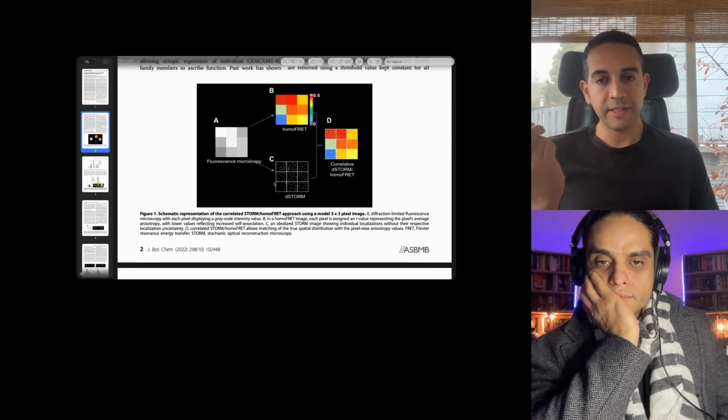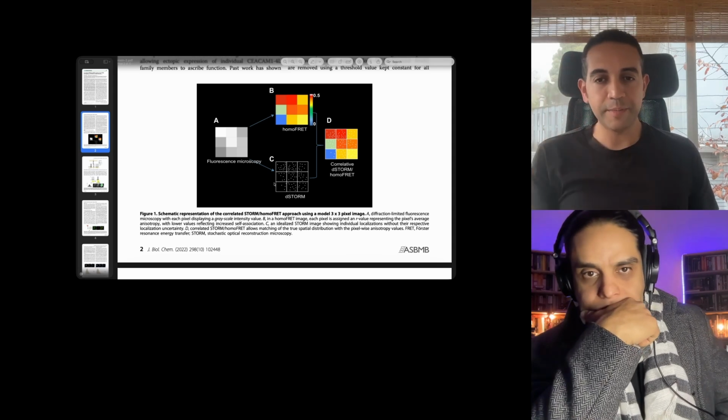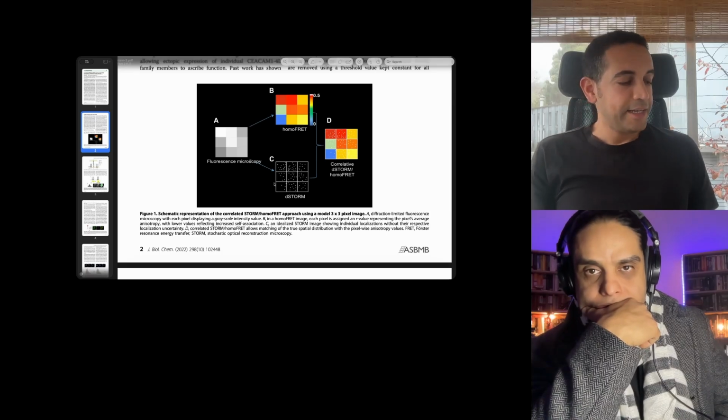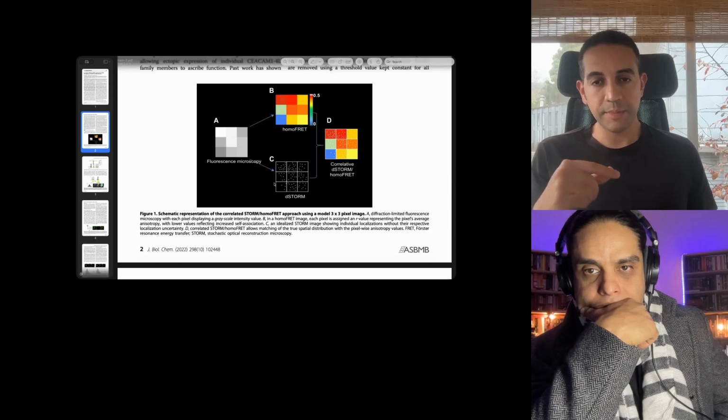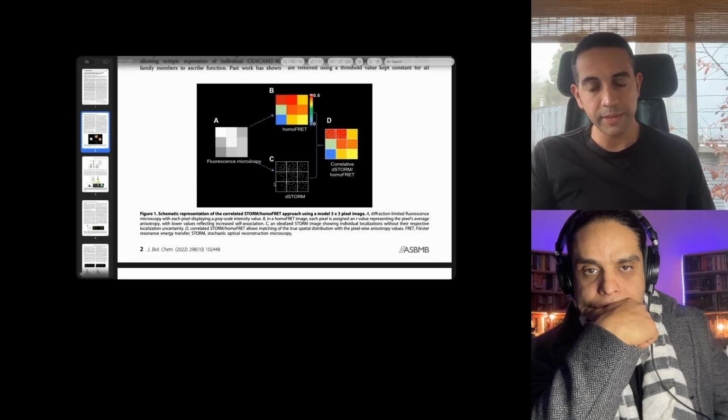Whereas for those standing on their own, that polarization is kept. Don't ask me the details, I don't remember them myself. But the idea is you're capturing the polarized emission and depolarized emission in two distinct cameras. Then you calculate a pixel-wise ratio that tells you about the enrichment in depolarization and polarization, which is indicative of the enrichment in monomers and oligomers for the protein of interest.